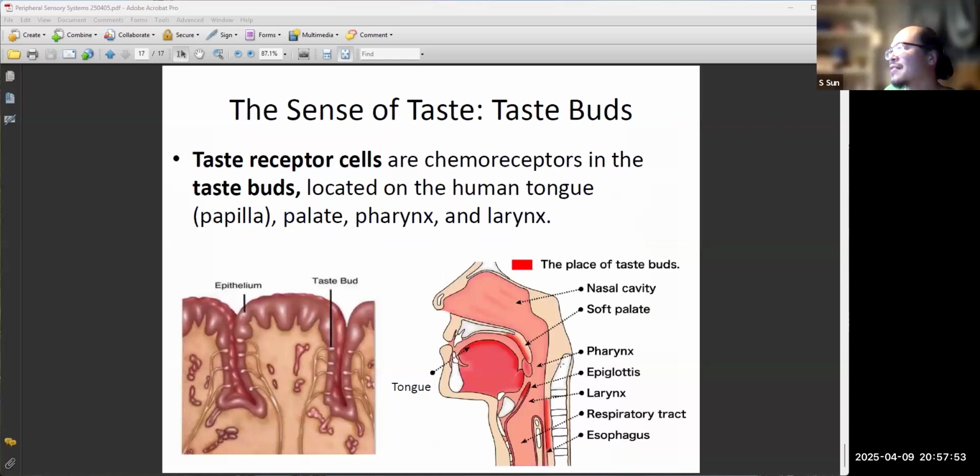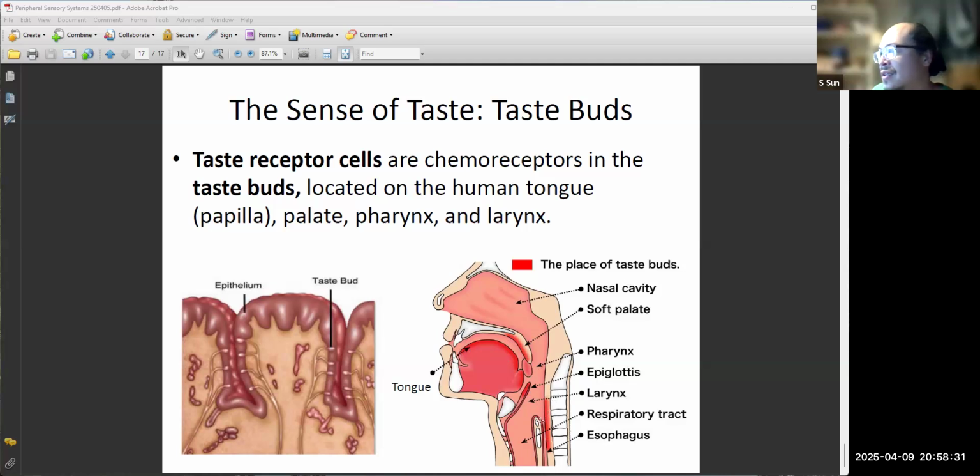All right. And this is just the last slide, so I will just finish it, and then we go to the lab report. So the last sensory organ is for taste. Taste is done by taste buds. So here are the taste buds, and you can see the taste buds are all over. This is the location of taste buds: your tongue, your soft palate, your throat, your foodway, a little bit here.